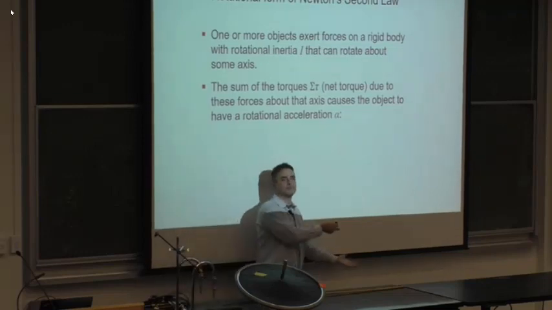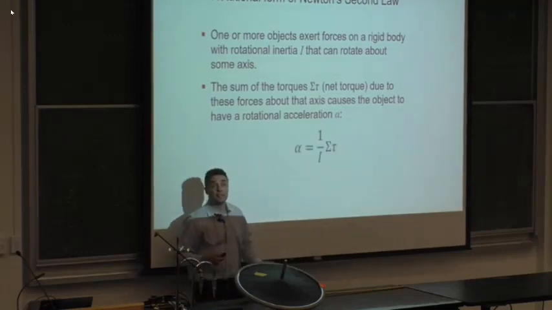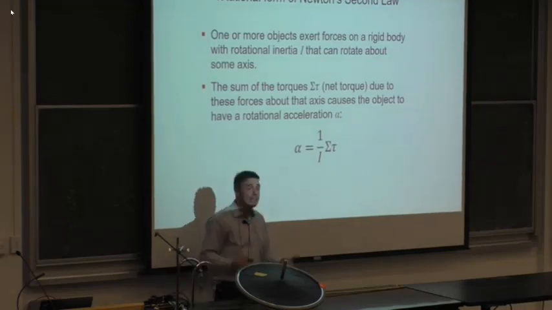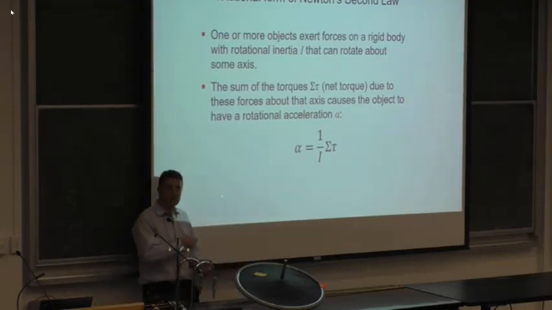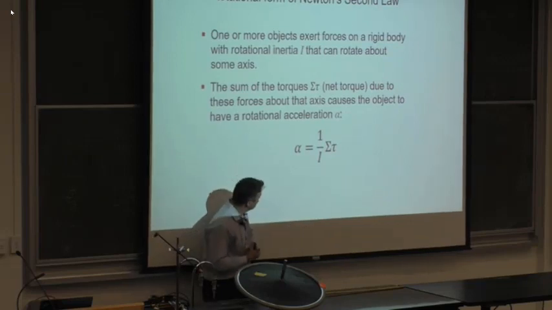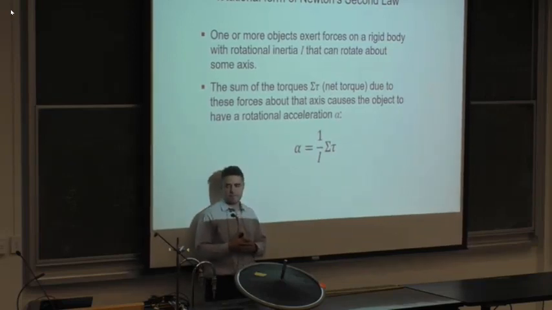Now we're going a step further and saying, what if the net torque is not 0? Then the thing has angular acceleration. The angular acceleration of the object is given by the net torque, the sum of all torques, clockwise or counterclockwise depending on how they're balanced, divided by the rotational inertia. And somehow the units all work out if you use SI.